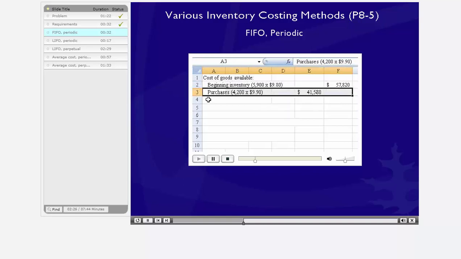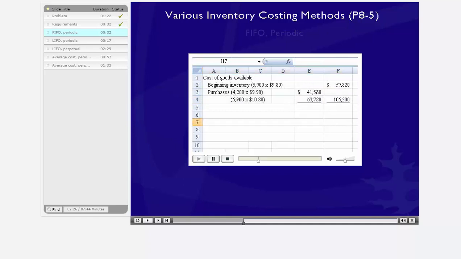And then we had purchases of 4,200 at $9.90, and we had a second set of purchases, 5,900 units at $10.80. So that gives us our total purchases of $105,300. And if we sum that, we're able to compute cost of goods available, 16,000 units. And under all the periodic methods, this approach is going to start off the same way.